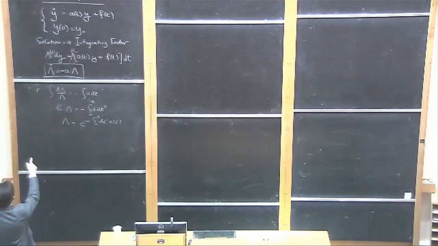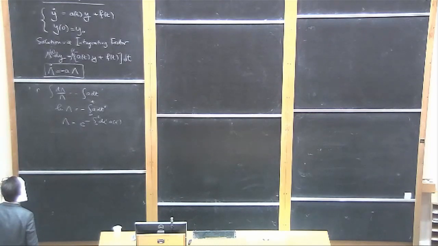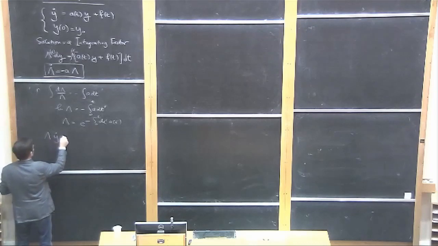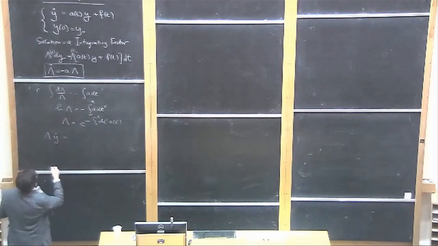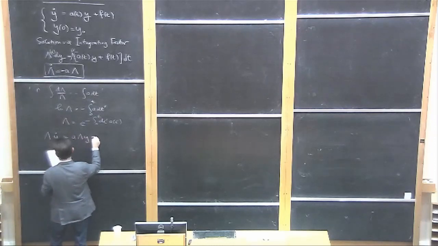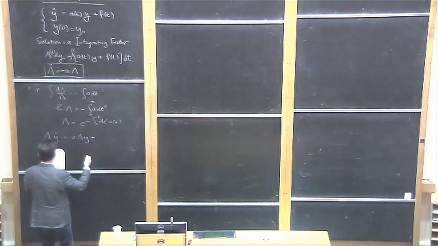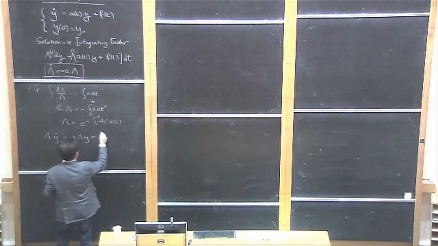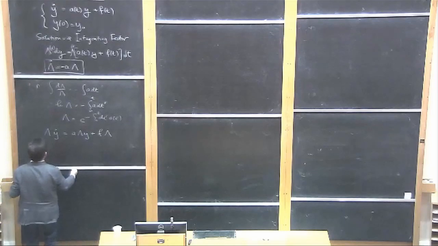Now I need to multiply that equation by lambda and show that I can actually integrate something this way. So what do I want to do? I want to say lambda y dot is equal to a lambda y plus f lambda. Right?